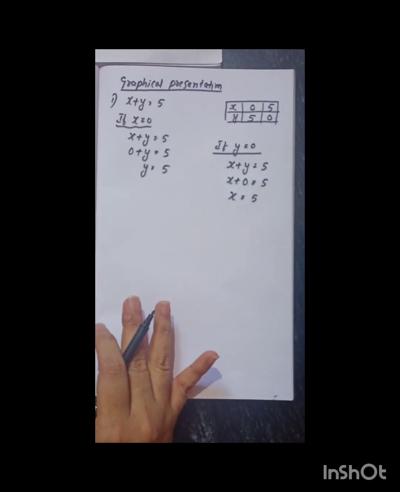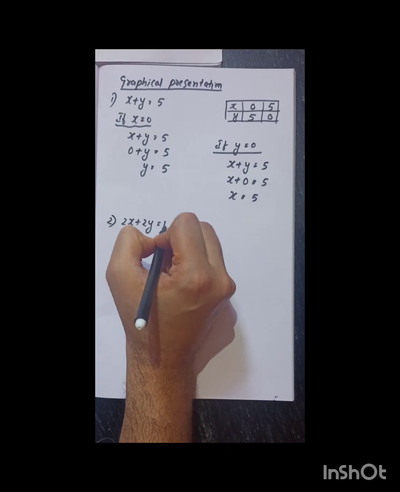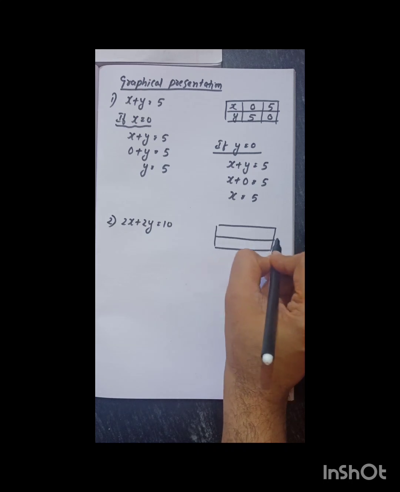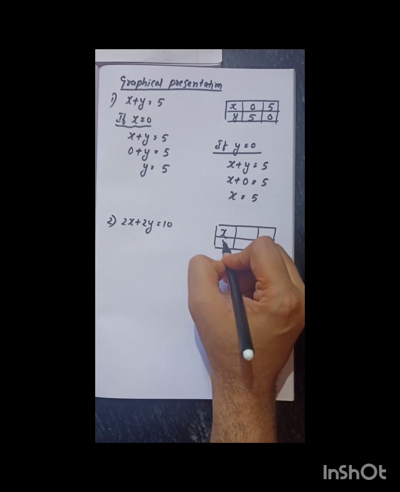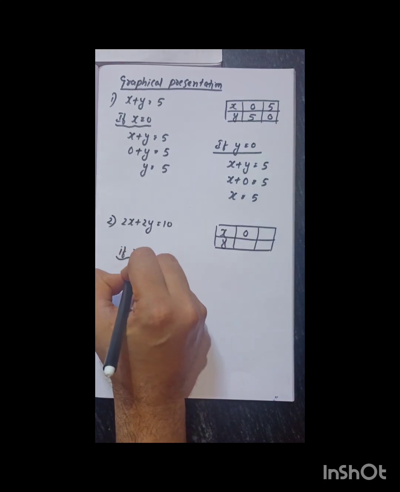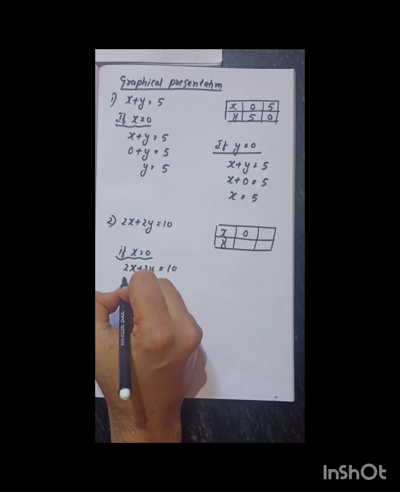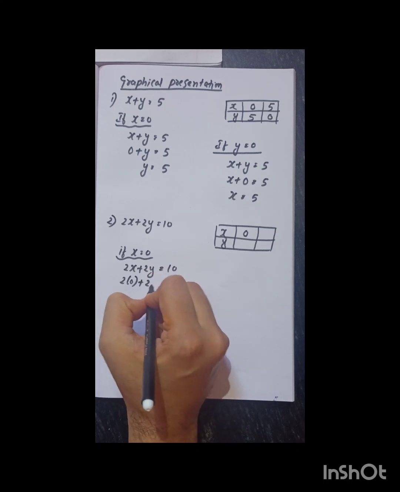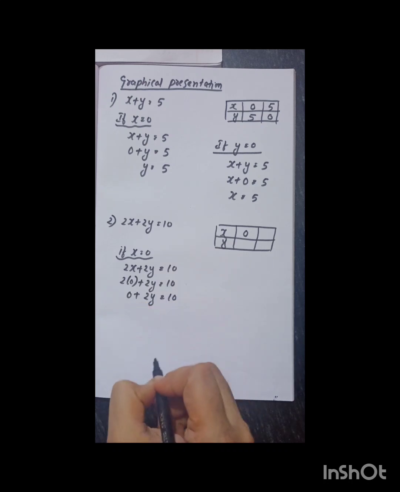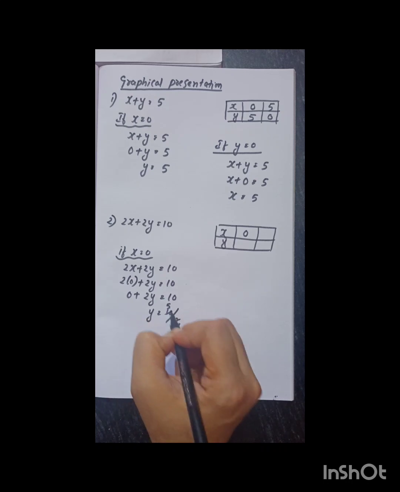Let's do the second equation, that is 2x plus 2y equals 10. Put 0 to x. 2 of 0 plus 2y equals 10. 2 zeros are 0, plus 2y equals 10. y equals 10 by 2. 2 ones are 2, 2 fives are 10.